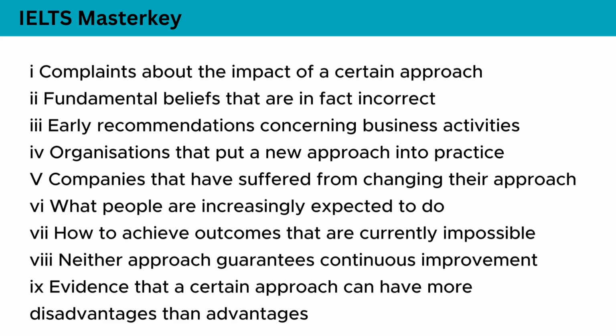The next one, neither approach guarantees continuous improvement. Well, the text doesn't compare two approaches, so this one can't be it. The next one, evidence that a certain approach can have more disadvantages than advantages. This is wrong again because the passage doesn't weigh pros and cons. So the best choice is what people are increasingly expected to do.